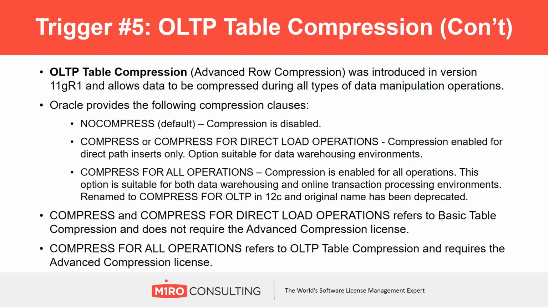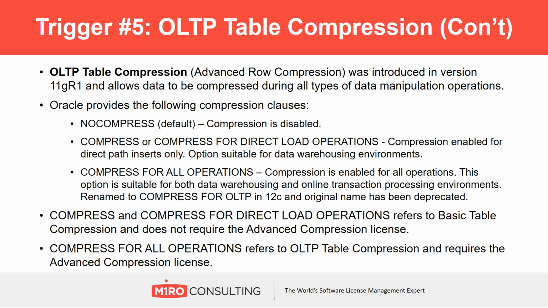But what Oracle did in 12c was rename COMPRESS FOR ALL OPERATIONS to COMPRESS FOR OLTP. And they also deprecated the original name, so COMPRESS FOR ALL OPERATIONS doesn't exist anymore in 12c.